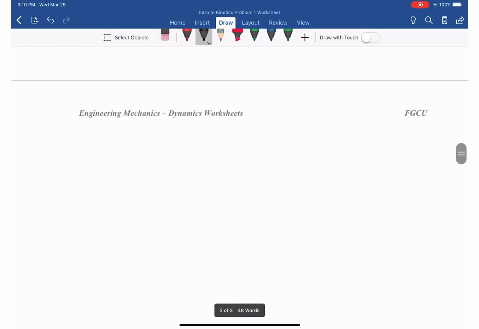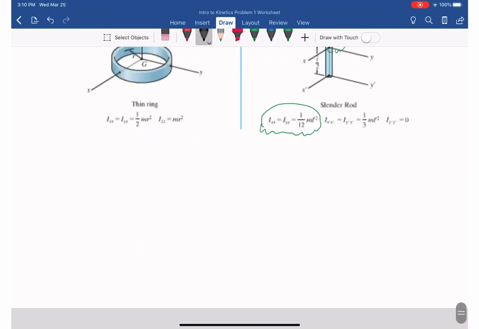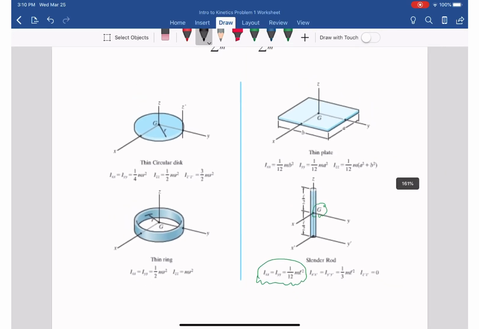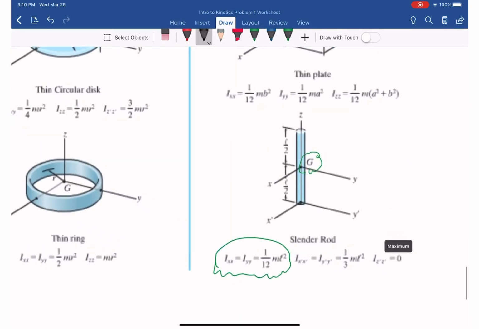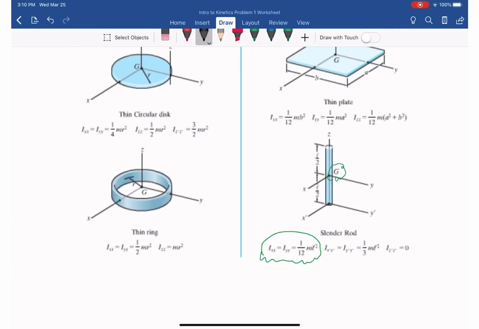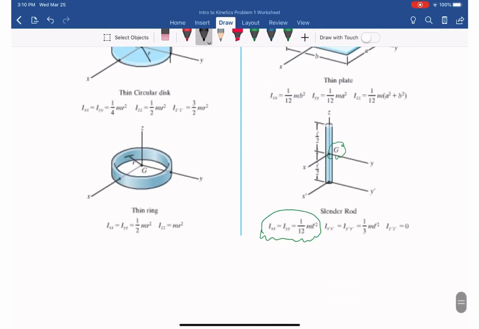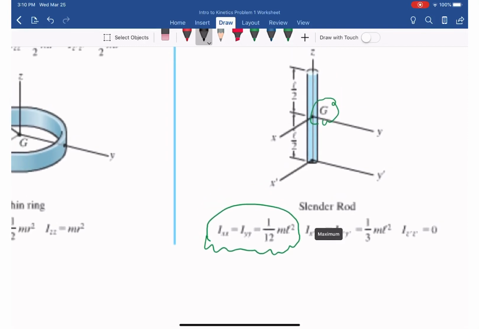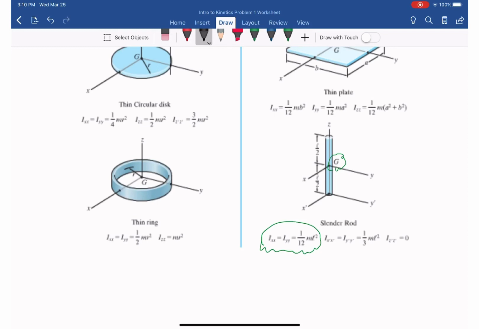If you go to the inside cover of the textbook that we refer to in the lesson, there are different standard shapes, in this case the thin rod. There are a few mass moments of inertia, but the ones I circled go through the center G. So for the x-axis or y-axis, the mass moment of inertia equals 1/12 of ml squared if they go through the center of the rod.